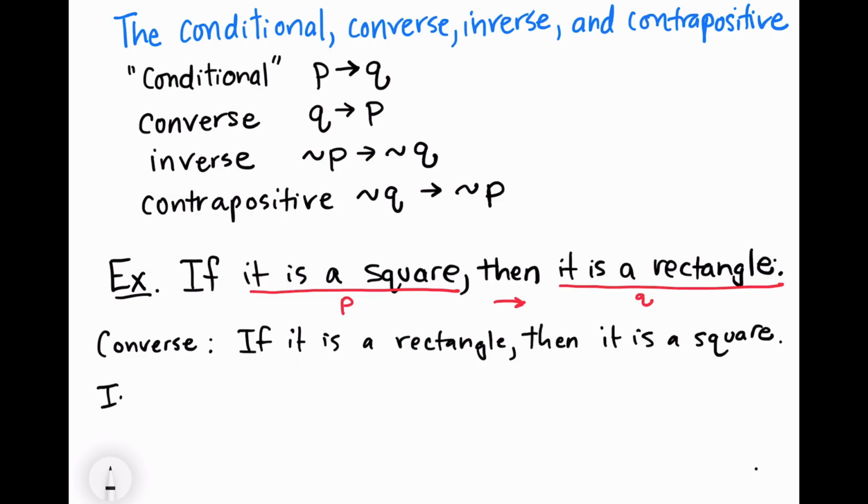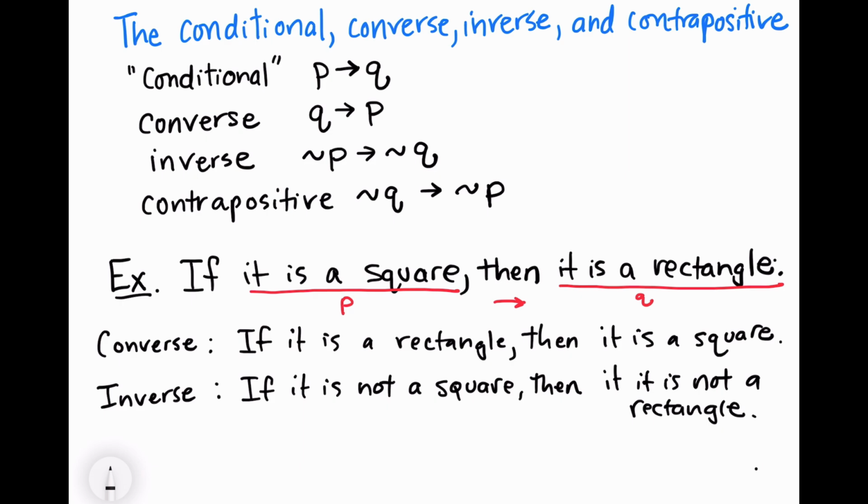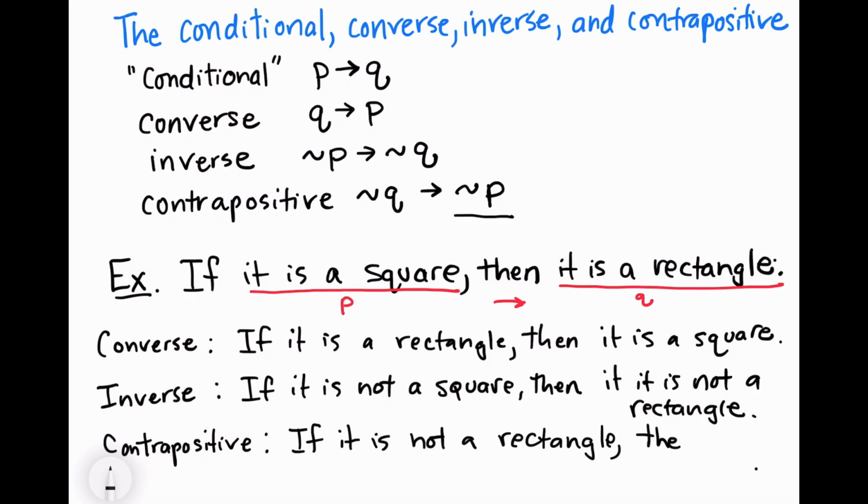The inverse would be the statement if it is not a square, then it is not a rectangle. And finally, the contrapositive is the statement if it is not a rectangle, then it is not a square.